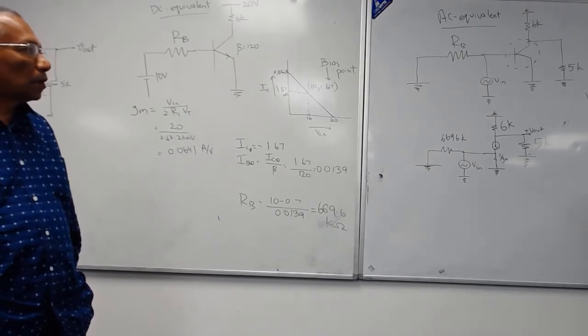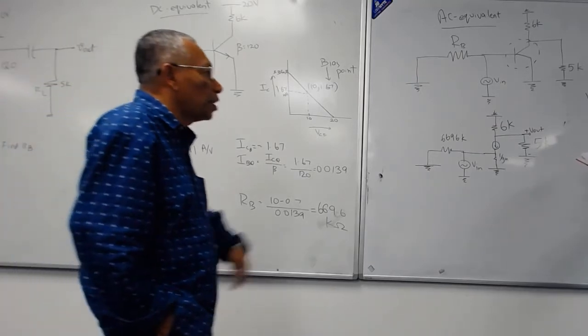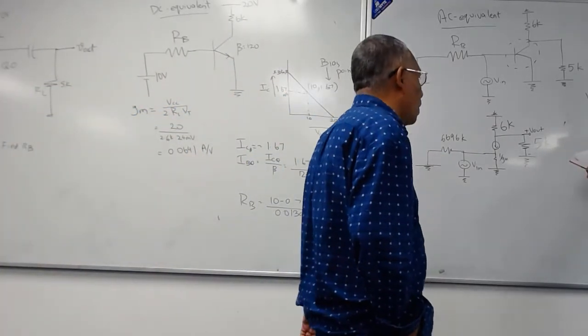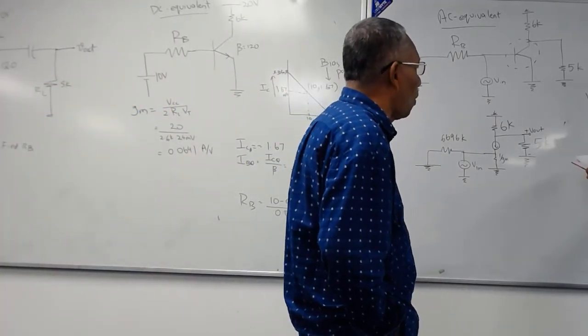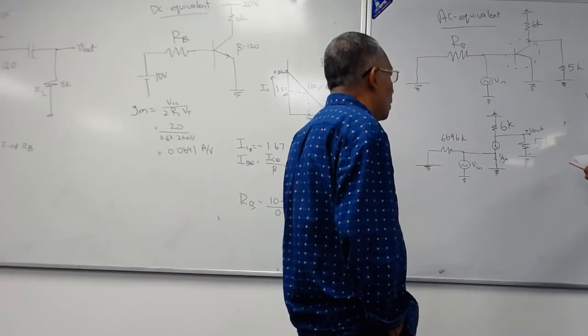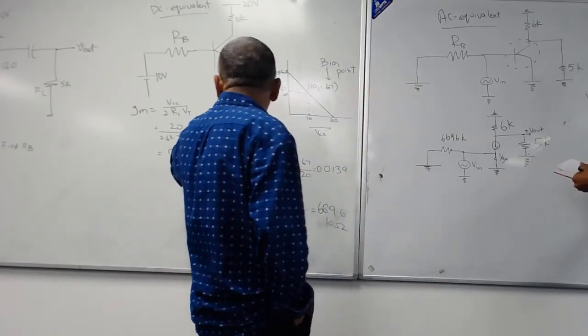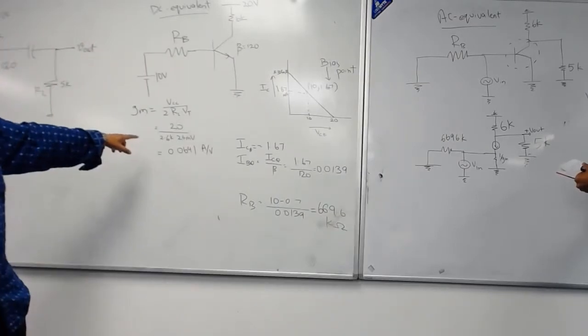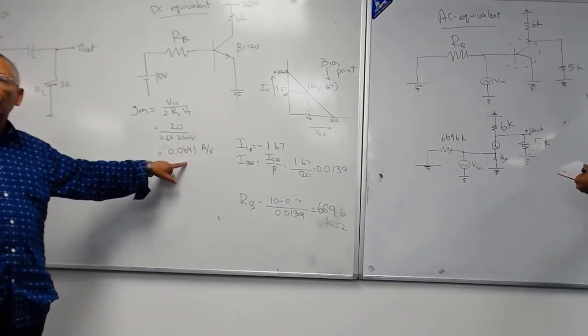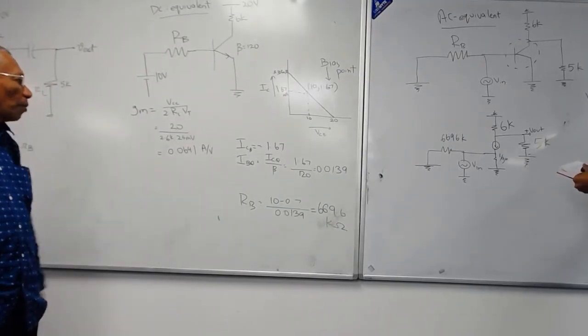Divided by 1 upon gm, you can put it now or later whenever you wish. Is this correct? Yeah, 1 upon 0.064.